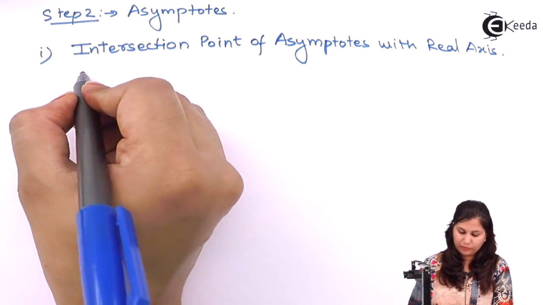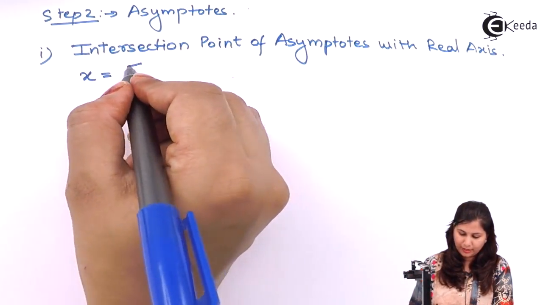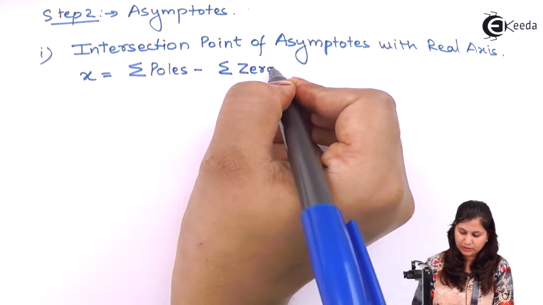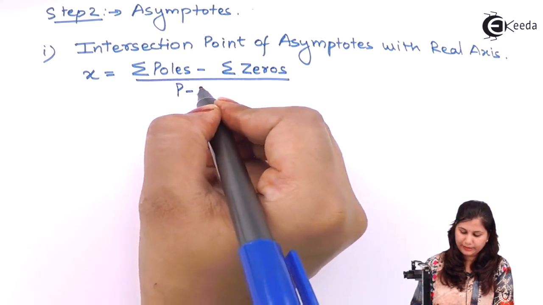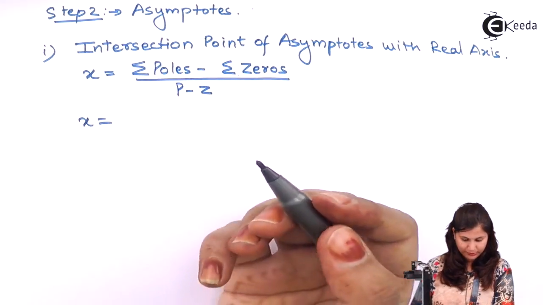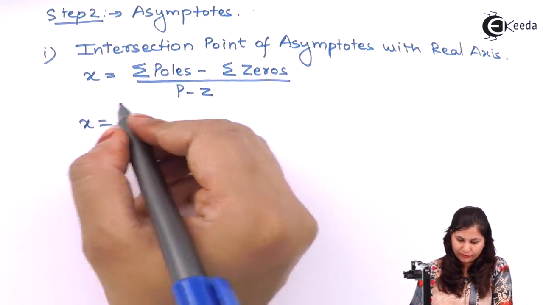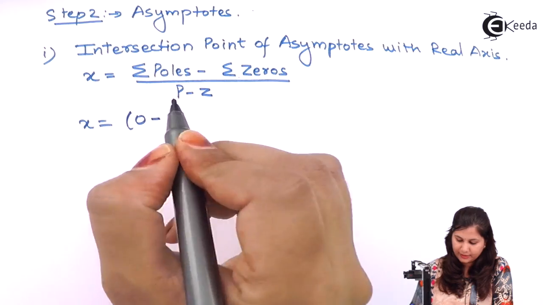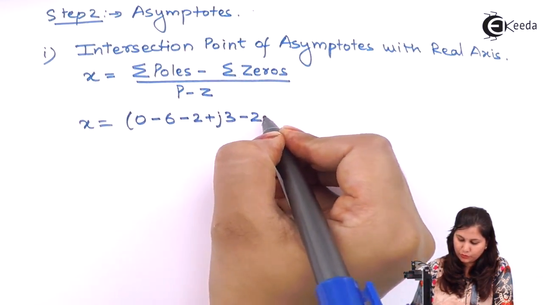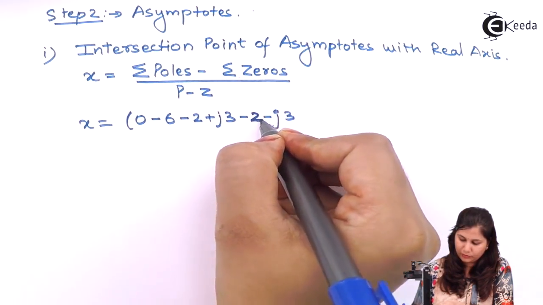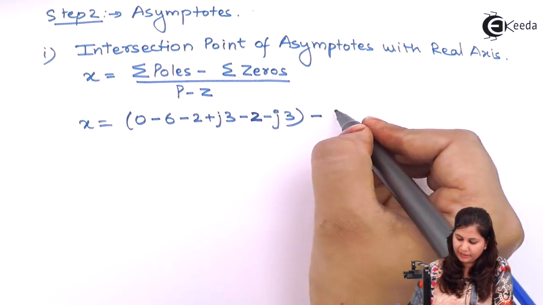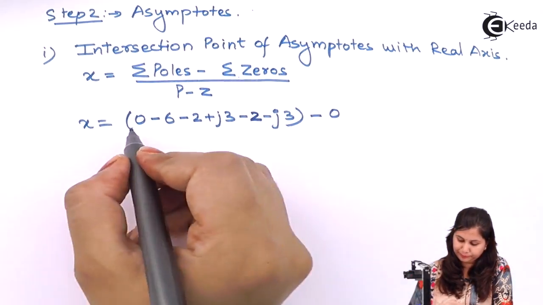For this we have the formula x equals summation of poles minus summation of zeros upon P minus Z. The poles are s = 0, s = -6, -2 + j3 and -2 - j3. So this is the sum of the poles. Zeros we don't have any, so we put 0 here.